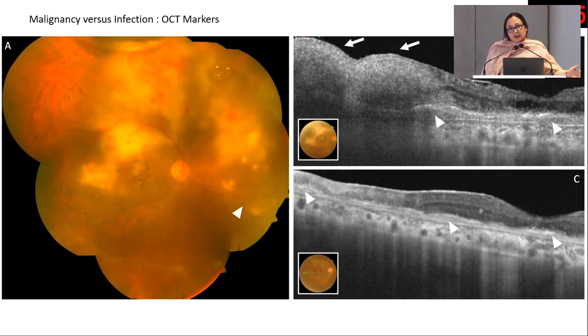So are there early biomarkers? Yes. So this is kind of a diffuse picture. You can see it could happen in quite a few cases, but this particular patient had lymphoma.